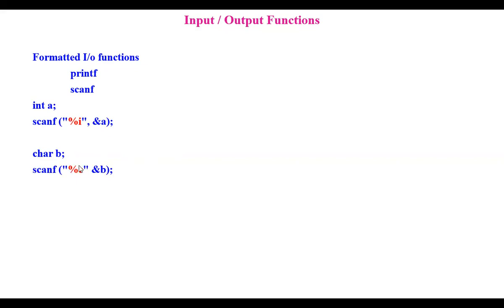So a character is read by the system and is assigned to the variable b. Similarly, a floating value, float data type, is read by the system and is assigned to c, and it is a float type. So these are the basic things which we have to remember in inputting the data. So scanf is to input the data.